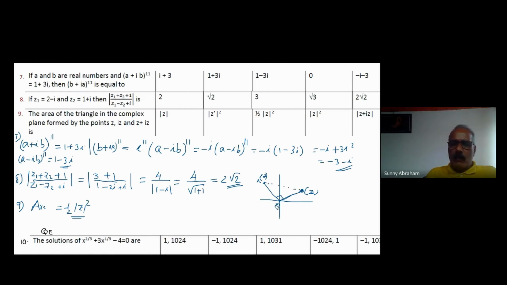Complete this parallelogram. So this is a square. Complete this part. This point will be z + ιz. Now you want to find the area of the triangle formed by this point, that is this triangle.